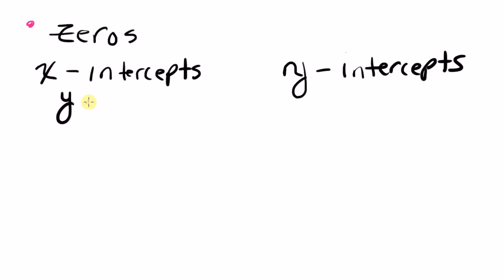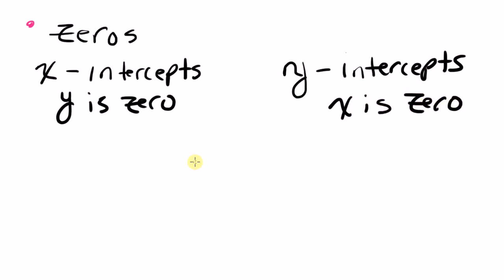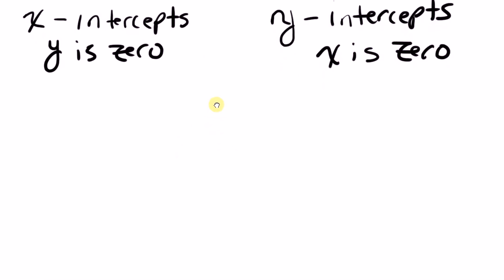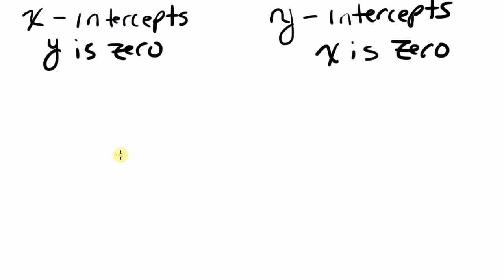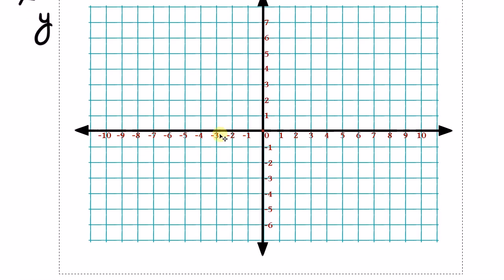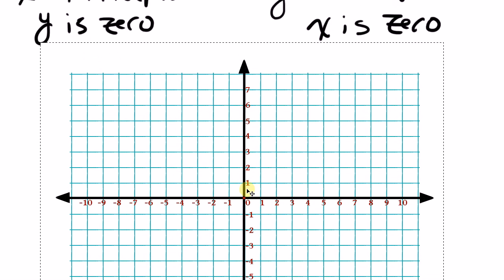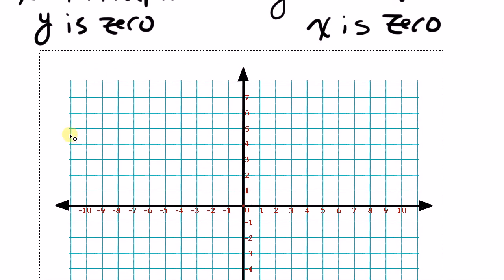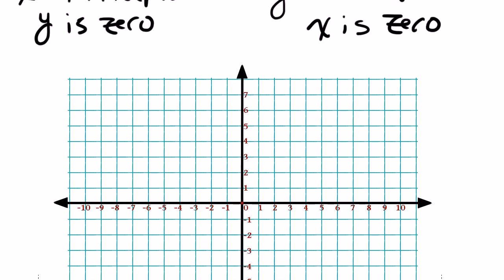Okay, so y is 0, and x is 0. Again, that should just be a review, but let's talk about what it means to be a 0. If you are a 0, let's go back and drop in some graphing paper here. If you are a 0, it means that you cross the x-axis.